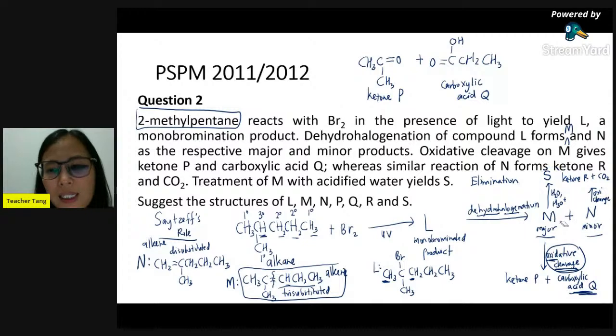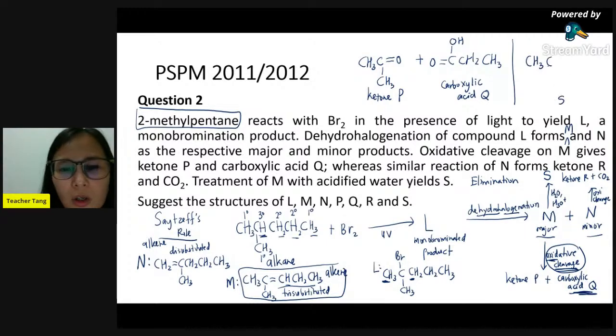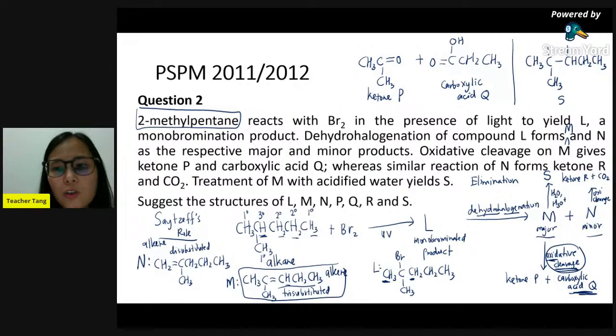So for electrophilic addition, the carbon-carbon double bond in the N must break and become a single bond. Now our electrophile is water. Remember, addition follows Markovnikov's rule.